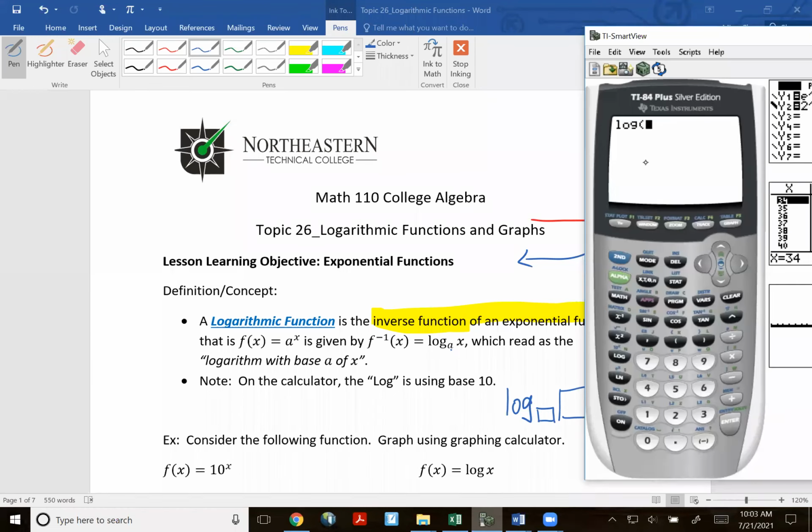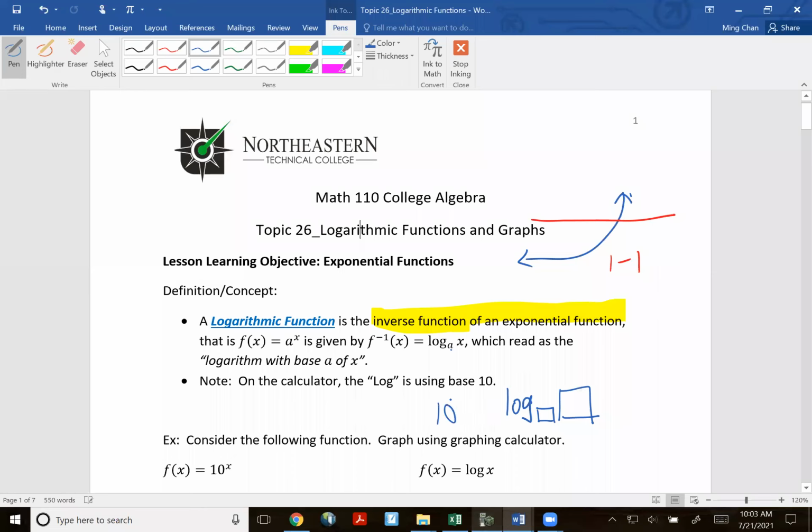So on the older version of a graphing calculator, when you press the word log, it's always assumed the base is 10. Right above the word log, you see something called 10 to the x power. The reason is that the log button is actually using base 10. So remember, the log function is the inverse of exponential.